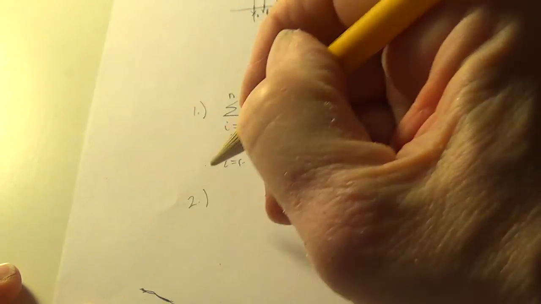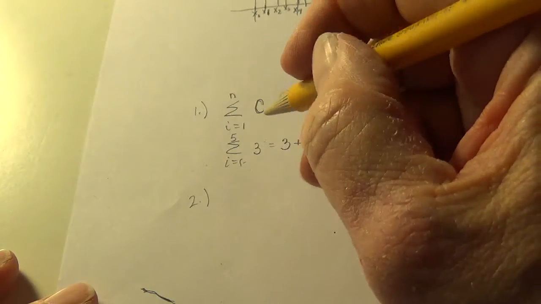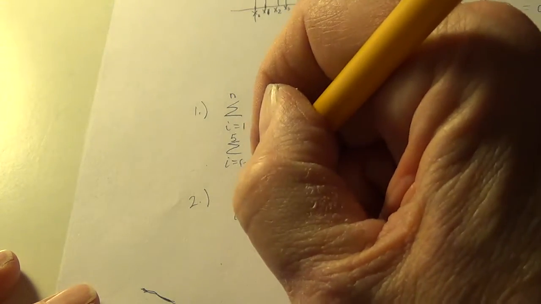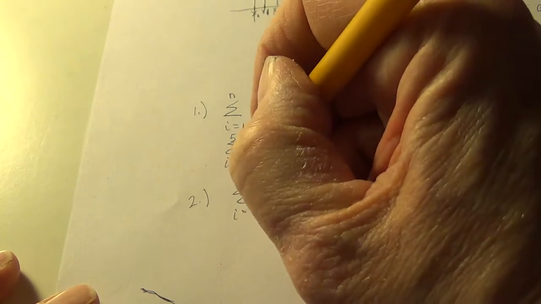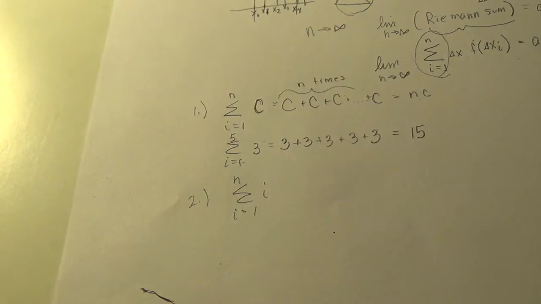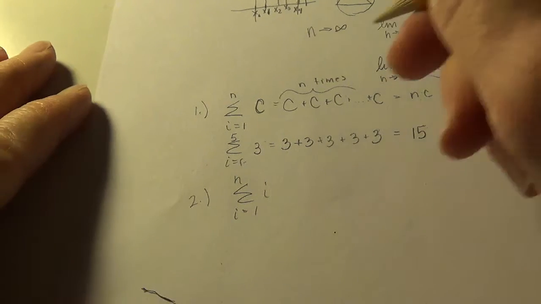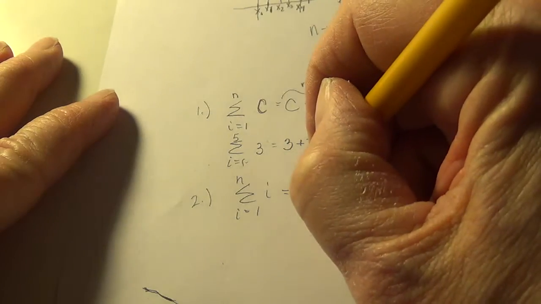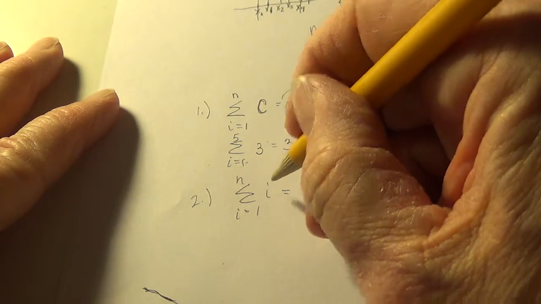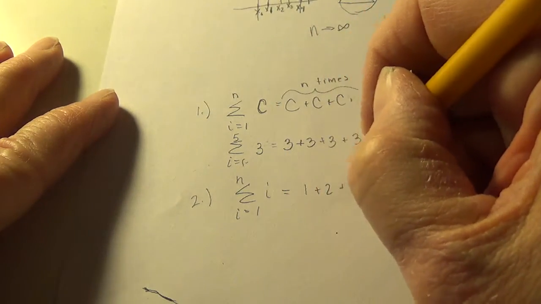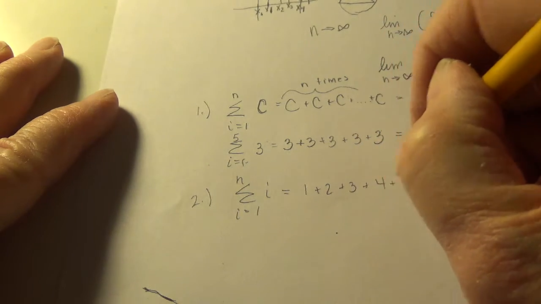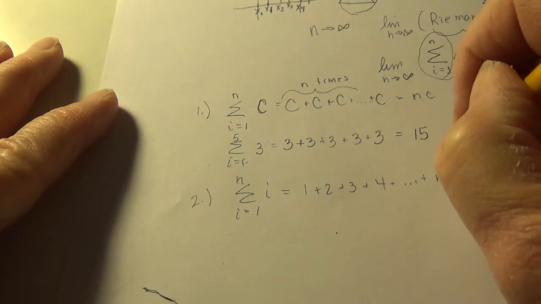Alright, the second one is more from memory, or from those mathematicians who figured it out for us. Write down what you think that summation looks like. We're going to get when i equals 1, then it increments to i equals 2, 3, 4, all the way up to whatever n is.